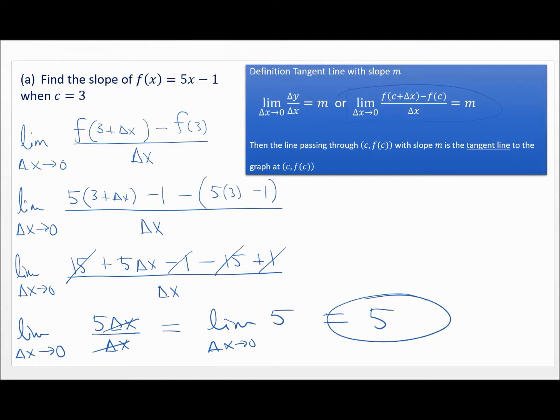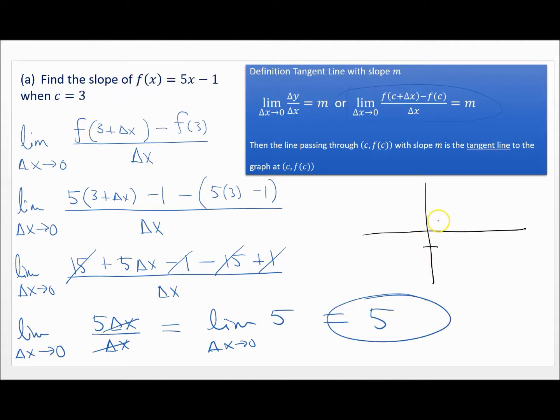Now, since we found the slope of the tangent line is 5, I want to talk about it in terms of this particular problem. This shouldn't be a big surprise to you. So first of all, if we graph f of x equals 5x minus 1, now we know what that thing looks like. That is a straight line with the y-intercept at negative 1. My slope is 5, right?